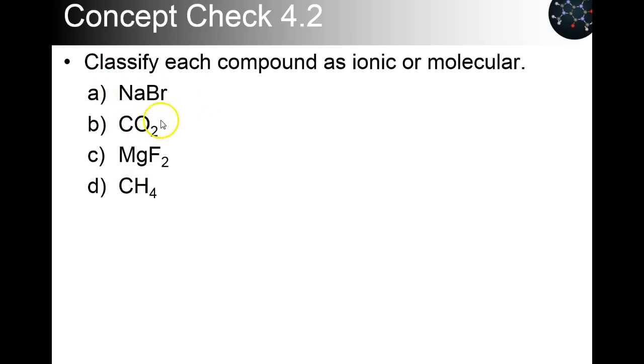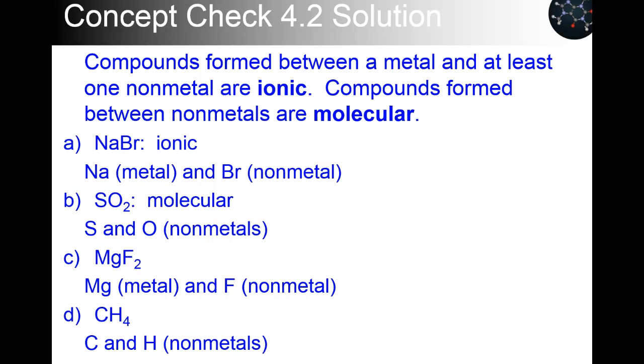Carbon dioxide, I don't see any metals in there, so that's molecular. Magnesium fluoride, magnesium's a metal, so that's ionic. And I have carbon and hydrogen in CH4, so that'll be molecular or covalent. That's not real difficult.